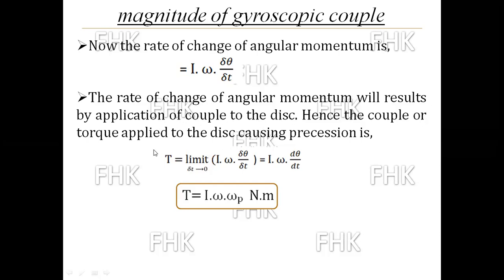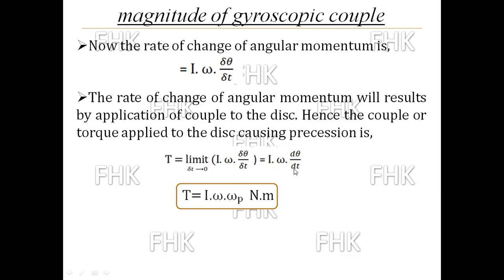Hence, the couple or torque applied to the disk causing precession is equal to the limit delta t tends to 0 of I into omega into delta theta by delta t. This is a small value, so I into omega into d theta by dt.